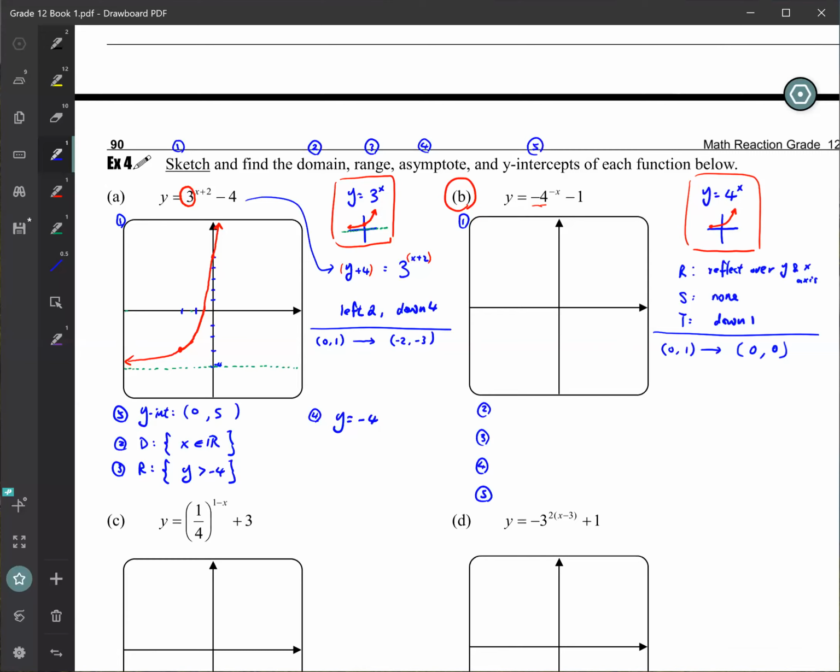Anyone else? Anyone got a different location for the 0, 1? Got -1, -1. Anyone else got different? I got 0, -2.